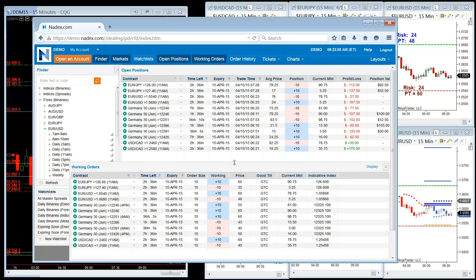And I could do the same thing on the euro dollar. I could do the same thing on the USD Canadian. The USD Canadian, you do not want a 10 o'clock expiration because it's coming out at 10 o'clock. You need at least 11 o'clock or noon. So you still have time to do some Canadians.